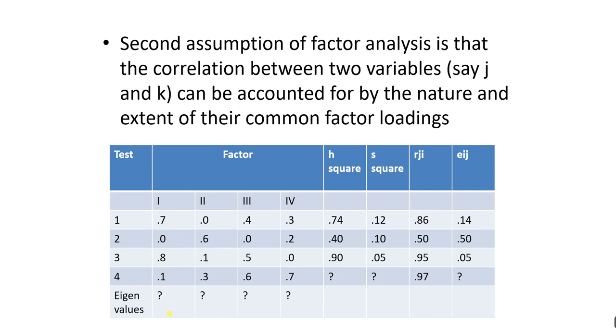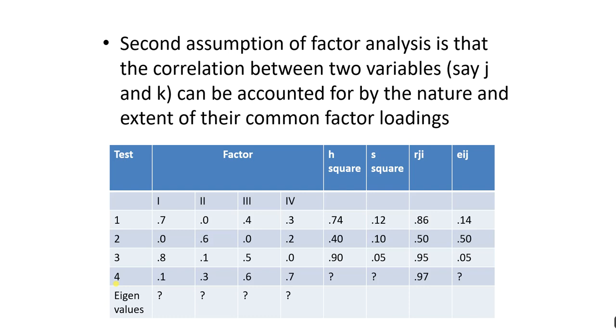And when the eigenvalue is divided by the total number of variables, it gives the proportion of variance explained by the given factor. And when you multiply this proportion by 100, it will tell you the percent variance explained.